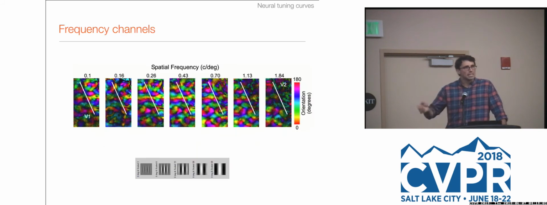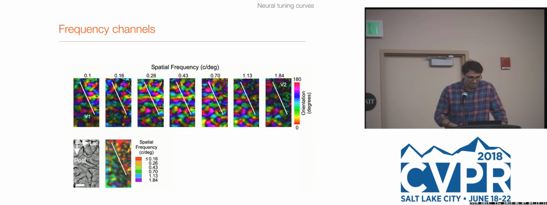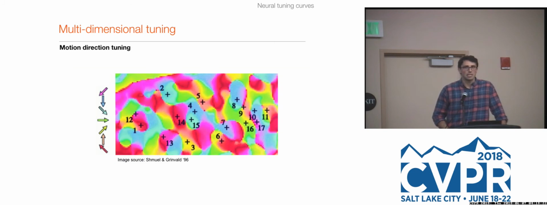So you can repeat this kind of game with other visual domains, with other stimulus properties, with spatial frequency, for instance. You can see that as you change the spatial frequency, you're going to see a similar kind of topography across cortex. Also with spatial tuning to oriented stimuli, oriented and moving stimuli, you're going to see a similar kind of response.